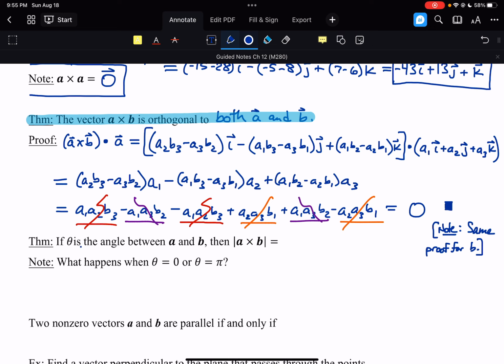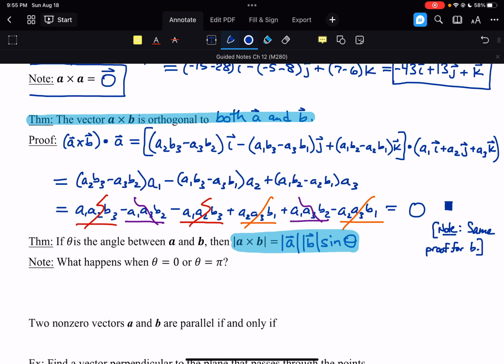So if theta is the angle between A and B, then the magnitude of A cross B, or the length of that vector, is equal to the magnitude of A times the magnitude of B times sine of theta. If you recall the formula from the dot product, it's not too dissimilar from this, except of course we're using sine of theta here. The dot product incorporated cosine.